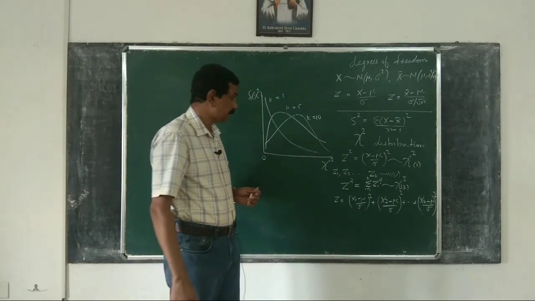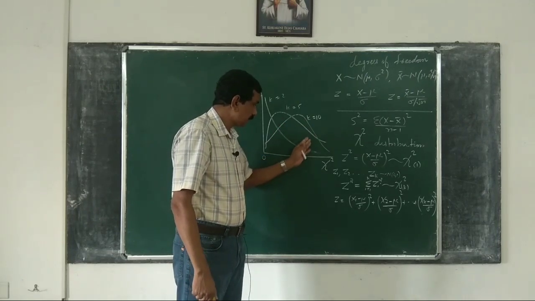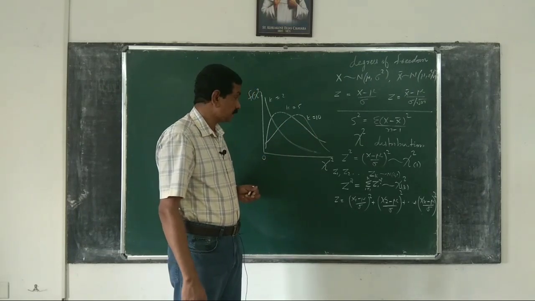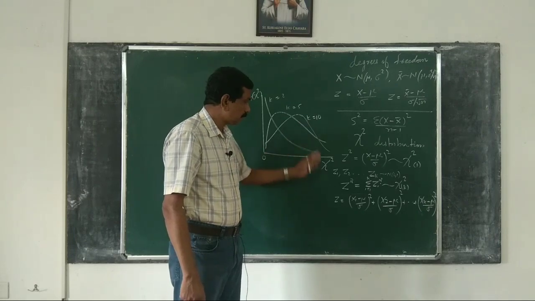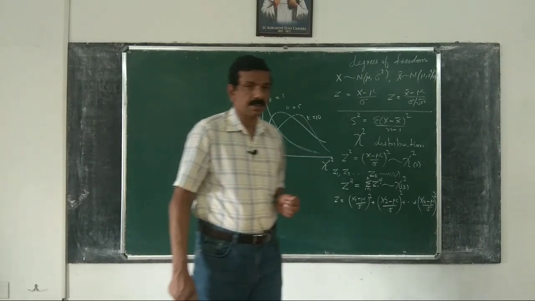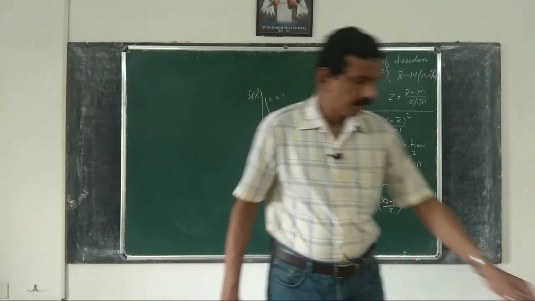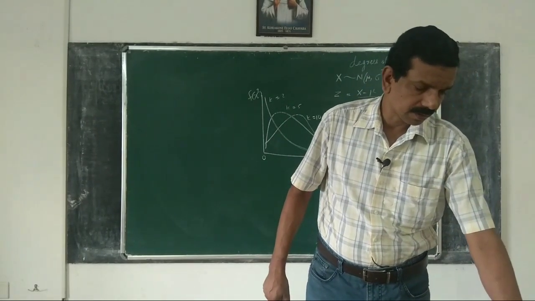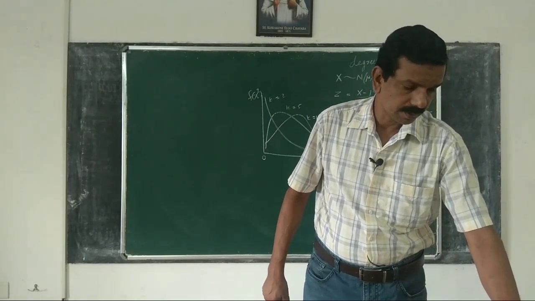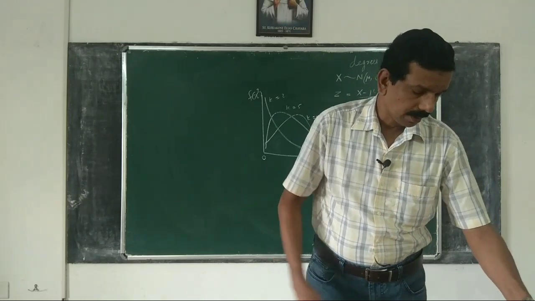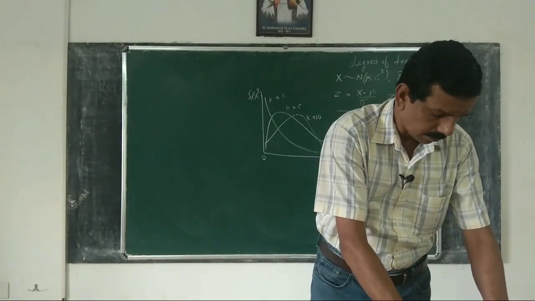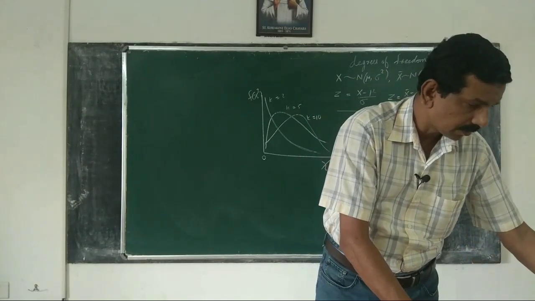And remember this, to find out the area property of chi-square distribution, you must always consider the degrees of freedom. If you go through any book of statistics, you will see tables providing areas of chi-square distribution for various degrees of freedom.